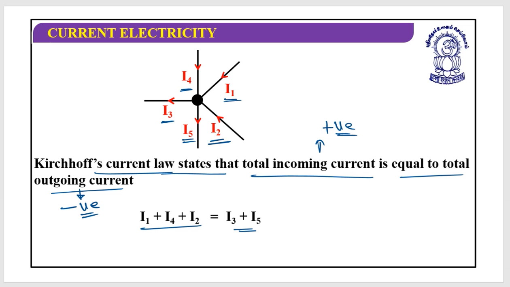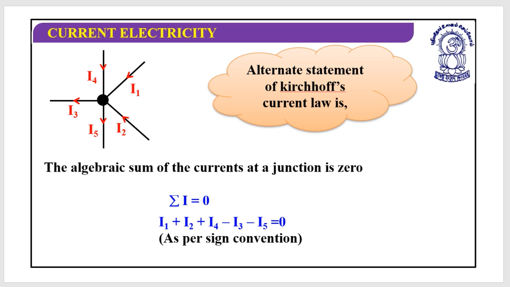One more relevant result, or alternate form of Kirchhoff's current law, is that the algebraic sum of the currents at a junction is zero. That means if you add every current at the junction according to the sign convention we decided, the sum is always zero, but this is applicable at a junction only.